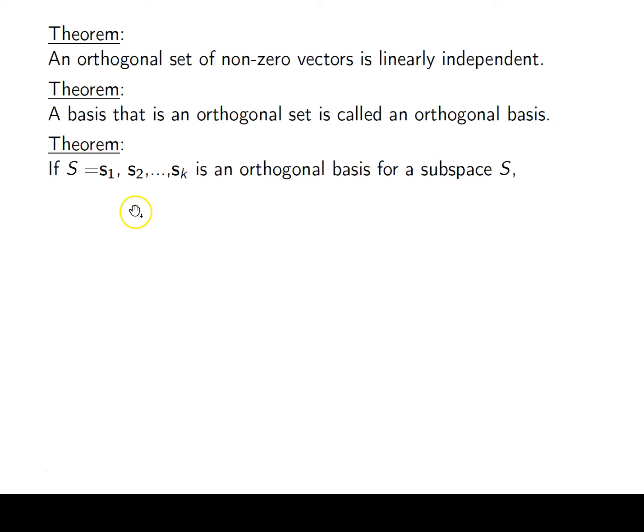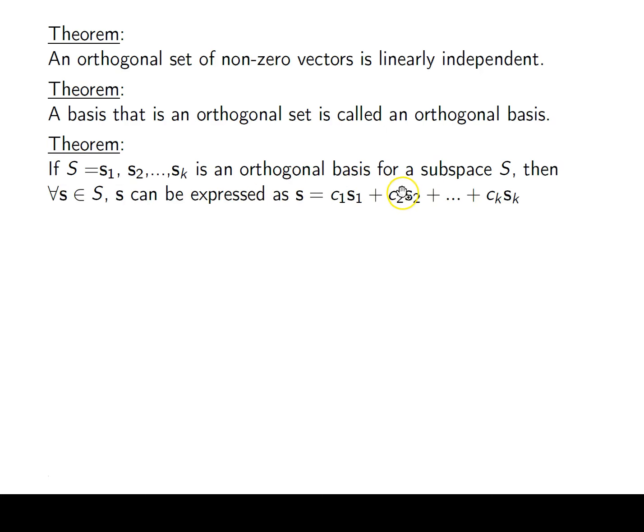So our next theorem. Let's say I have a set of vectors. There should have been some curly brackets here. If S is a set of vectors that is an orthogonal basis for a subspace, all of these vectors form right angles with each other. If I dot product any of these vectors with any of the other ones, I get 0. They're all linearly independent, so they form a basis for a subspace, in fact an orthogonal basis.